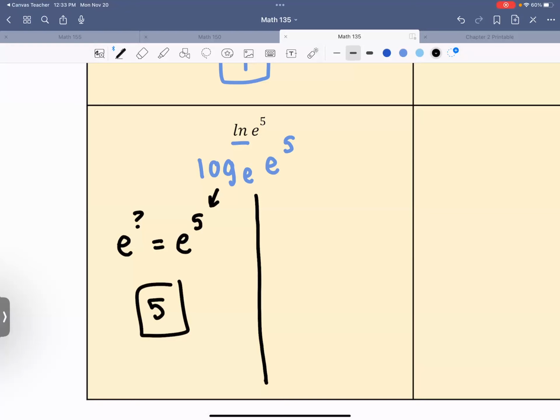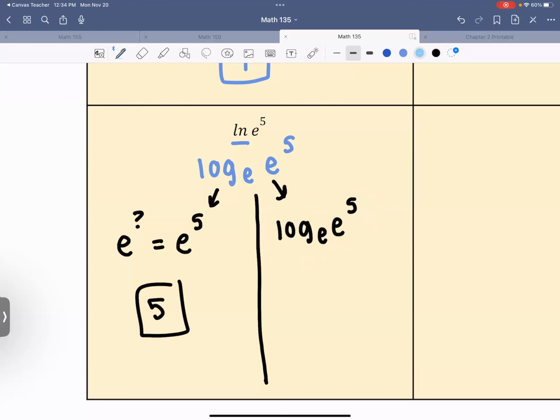Another way we can think about it is thinking about inverses. I haven't really talked to you about this yet, and we'll talk about this in more detail later, but logs and exponentials cancel each other out. I have an exponent here, I have a log here. If the bases are the same, we can actually cross some stuff out. It looks kind of clunky at first, but I promise you it gets easier as you go on.